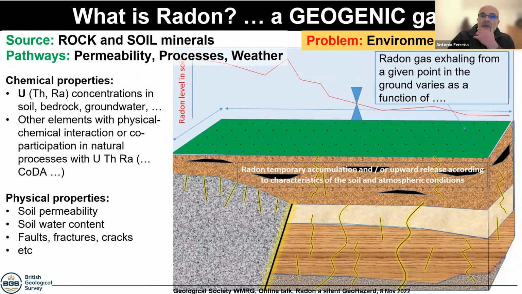When it's said that radon is geogenic, there are 2 concepts related with geology to keep in mind. It's the source and the pathways. The source, because radon is permanently produced from uranium in rocks and soil minerals.